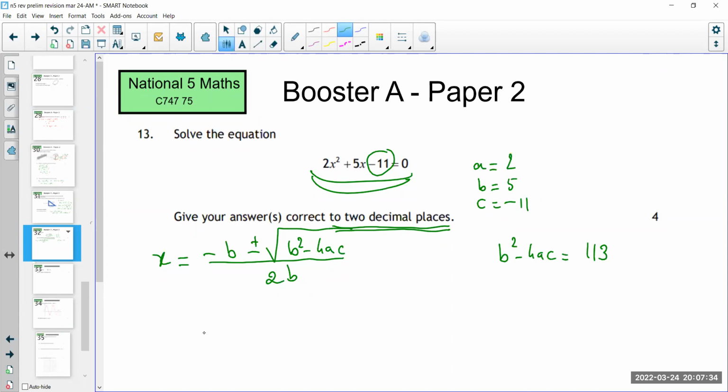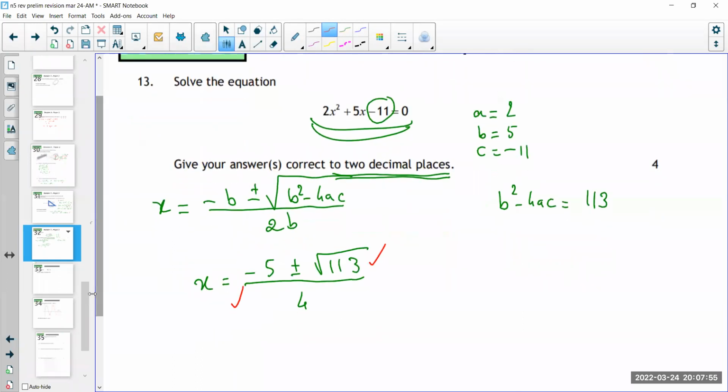And now you know x is minus 5 plus and minus root 113 divided by 2 times 2, which is 4. So you get a mark for this and a mark for this, 2 marks.